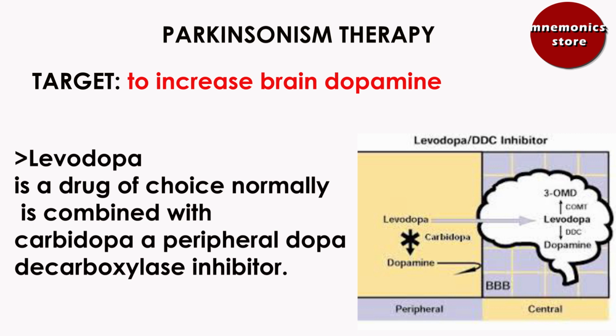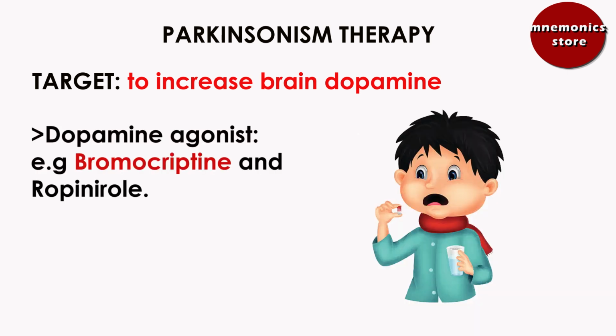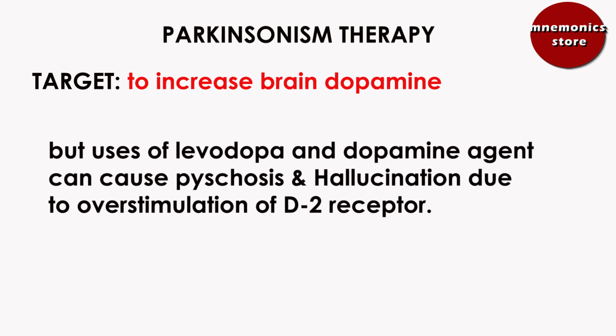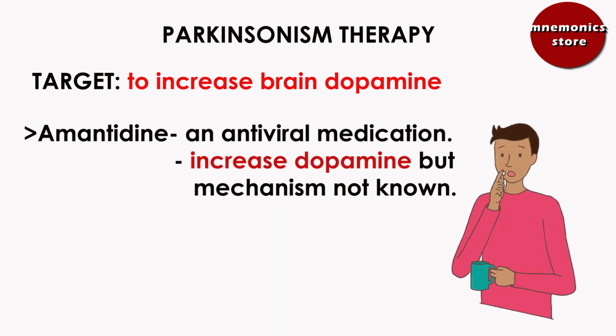Levodopa is used instead of dopamine as it penetrates the BBB, the blood-brain barrier. We also use dopamine agonists such as bromocriptine and ropinirole. It should be noted that the use of levodopa and dopamine agonists can cause psychosis and hallucination due to overstimulation of D2 receptors.